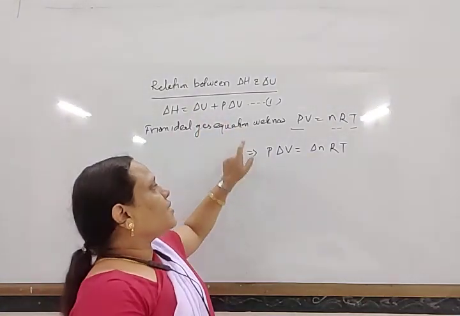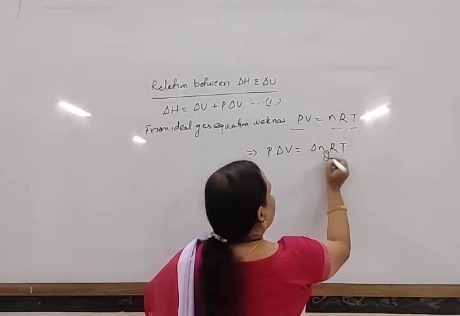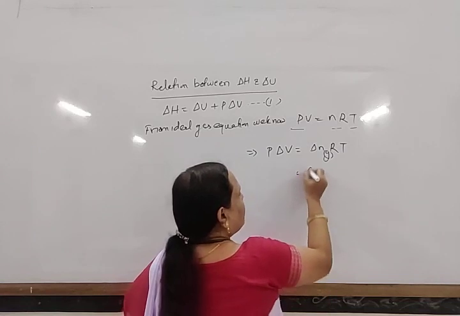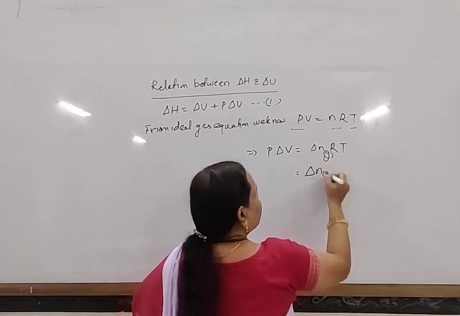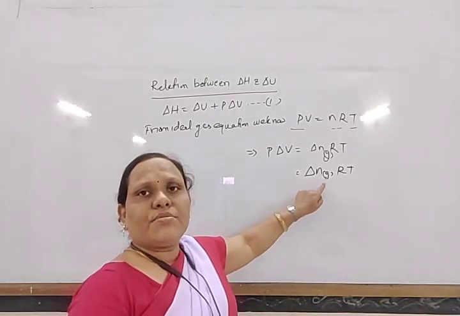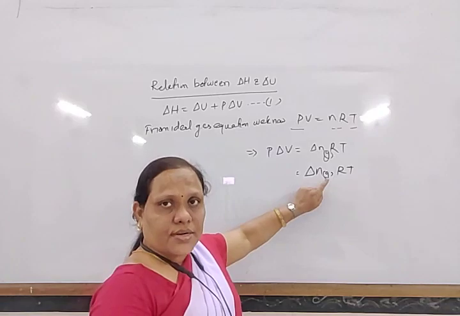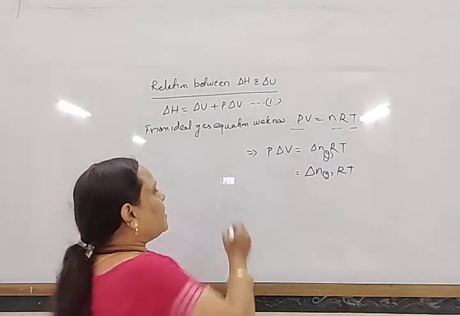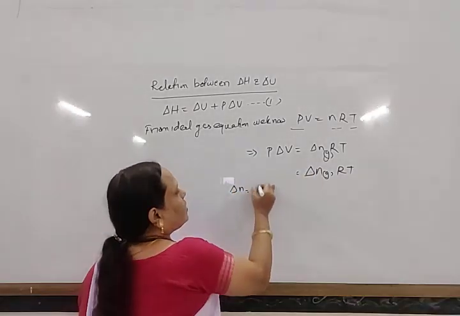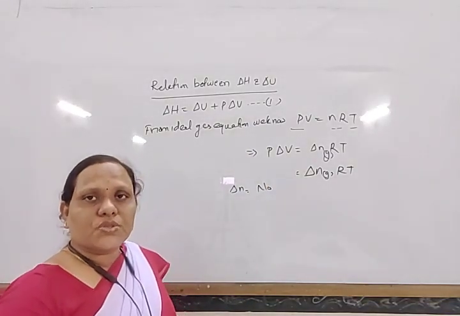So in this way you can write PΔV is equal to Δn_g RT. This g only stands for the gaseous state. So what is this Δn_g? This Δn_g is the difference in the number of moles of products and the number of moles of reactants.